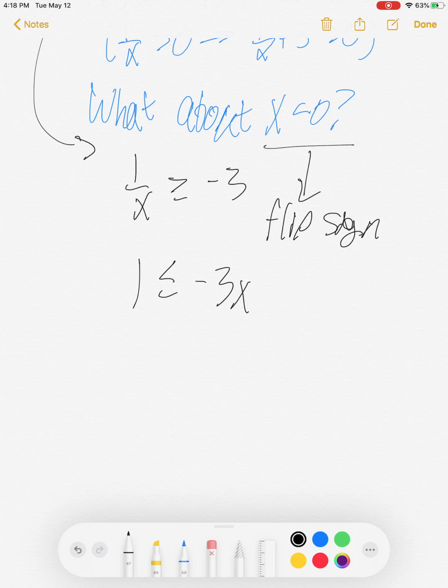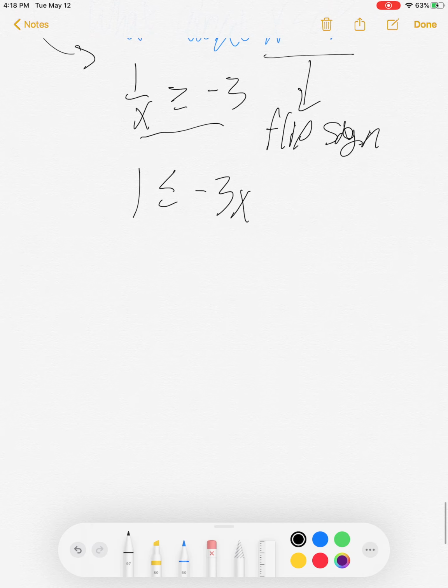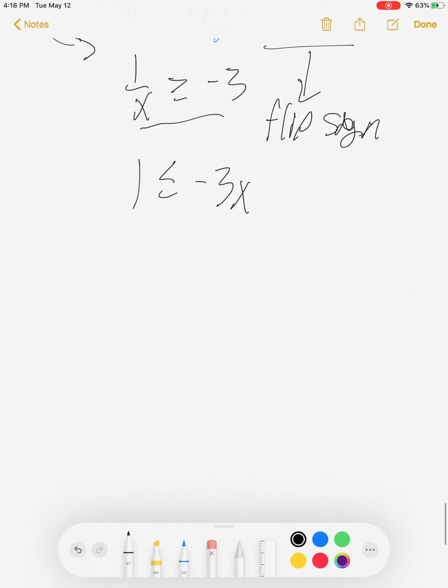Okay, so this 1 over x greater than or equal to negative 3 becomes 1 is less than or equal to negative 3x. Now dividing both sides by negative 3, again, I'm going to have to flip the sign because negative 3 is negative, which means that 1 over negative 3 is greater than or equal to x, or in other words, x is less than or equal to negative 1/3.